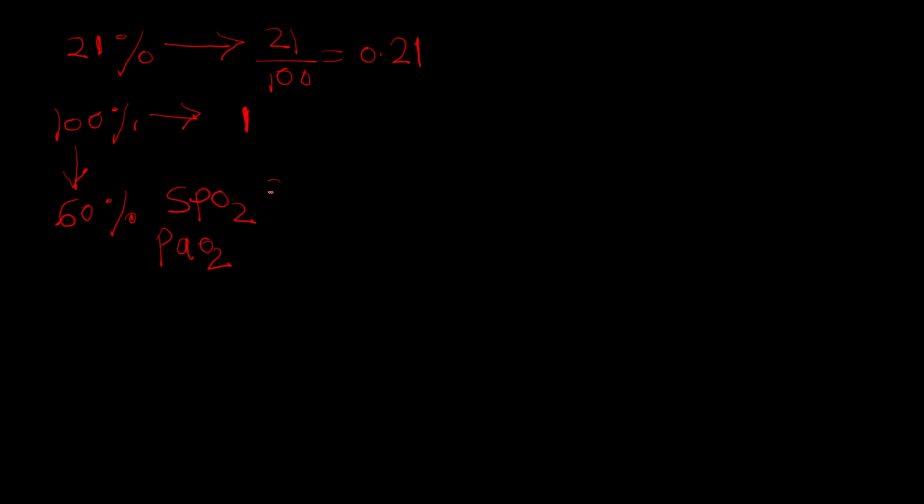The SpO2 target is never 100%. In ARDS, we keep a target of 88 to say 92%, or PaO2 of say 55 to 60. So as per the disease condition, you should target that SpO2 and PaO2 and gradually dial down your FiO2 to the safer level.